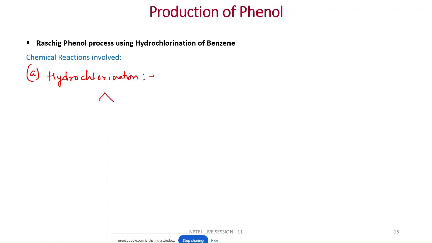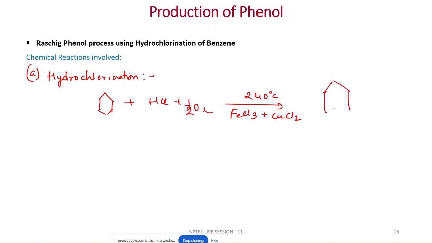Here the benzene is reacted with HCl in the presence of oxygen at 240 degrees Celsius, with ferric chloride and cupric chloride catalyst, and you get monochlorobenzene and water.